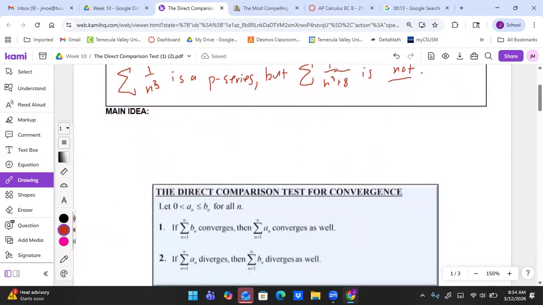Okay, so here's the main idea, and I'll tell you the criteria for the test. The main idea is you're going to compare difficult-looking series with a familiar and simpler-looking series, and use the direct comparison test. Okay, write this with me.